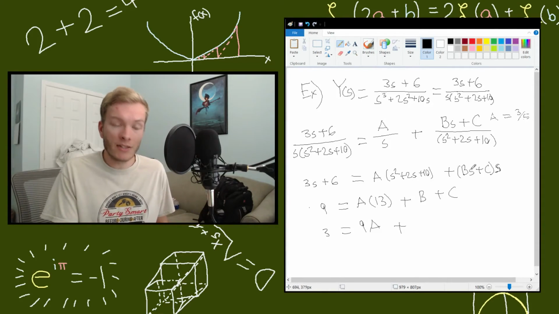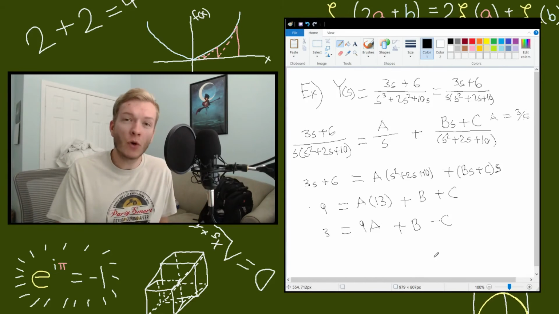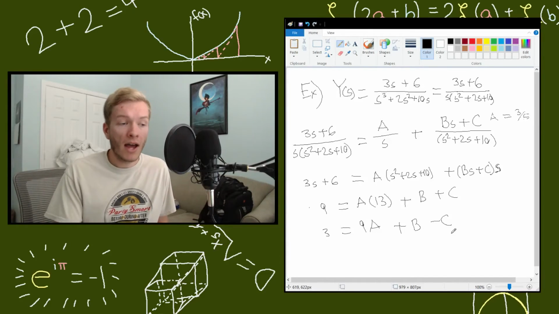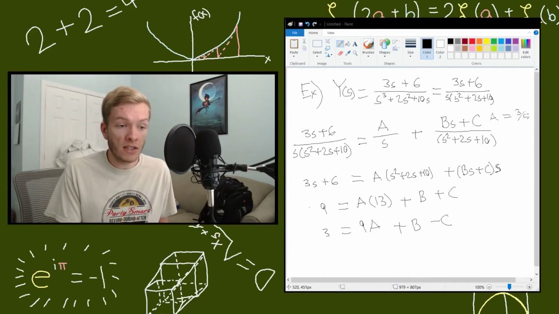This b is going to be negative, and then we multiply it by negative again, so it's just going to be positive b minus c. So now we have 2 equations to work with, and we already have a solved out, so we have 2 unknowns to find, and we should have what we need in order to solve this equation. So we're going to go through this and see if we can solve this out.